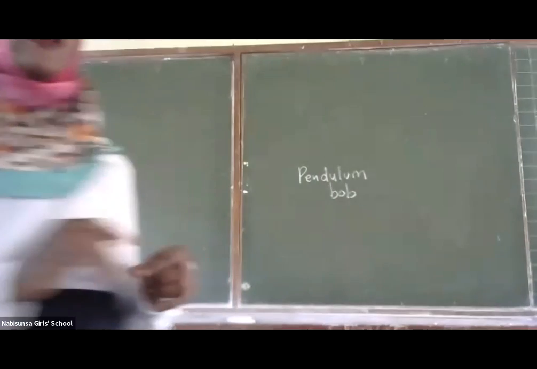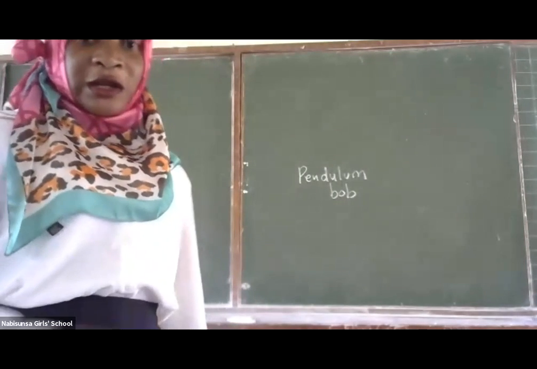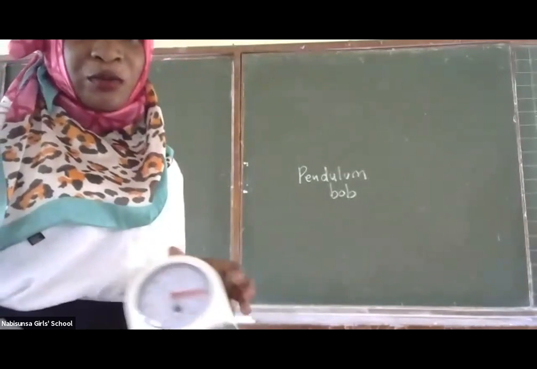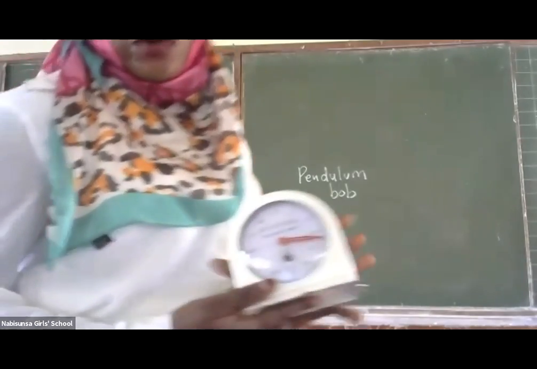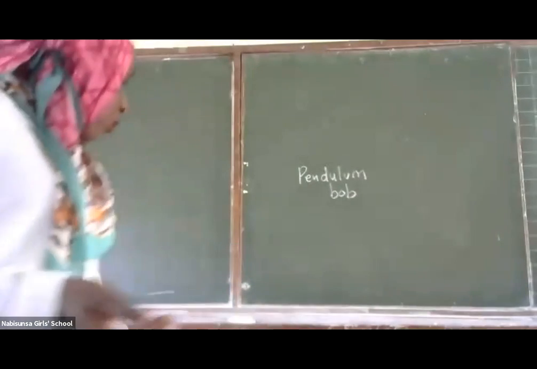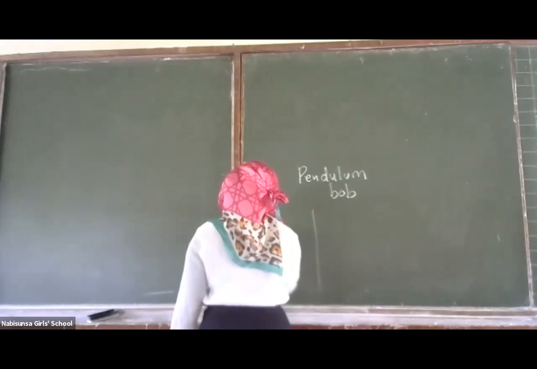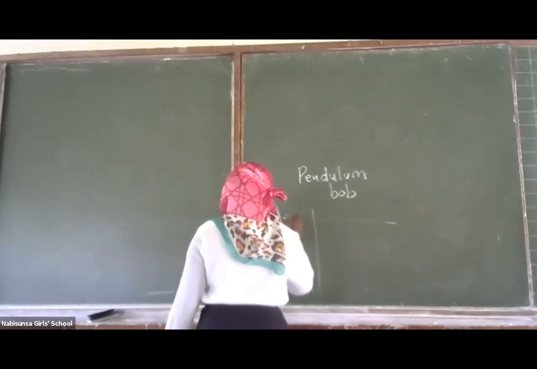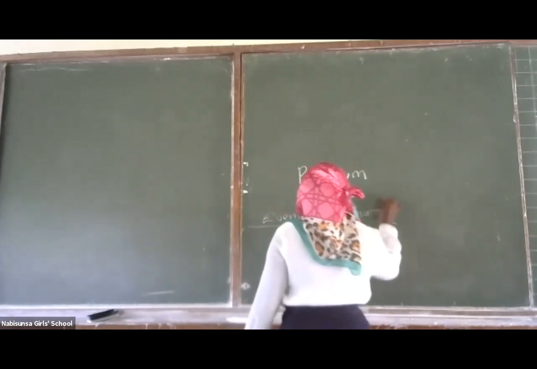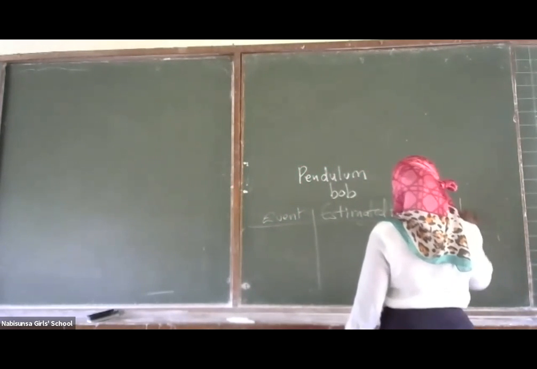Okay. So we are saying that the time we have recorded using a string and a pendulum, we call it estimated time. Then the time that we recorded using a stop clock, we call it actual time. So when you're recording time for an event, you have the estimated time and the actual time.